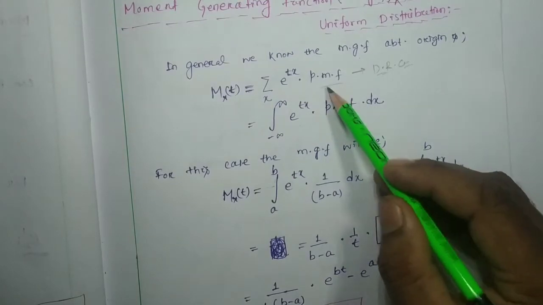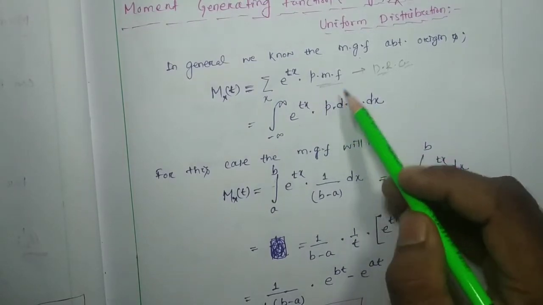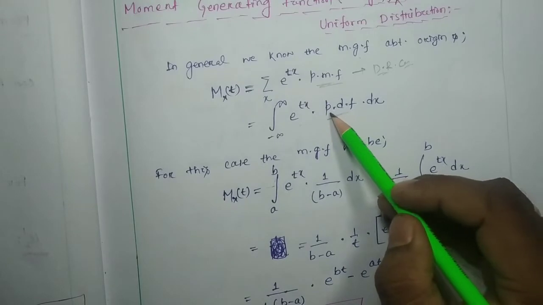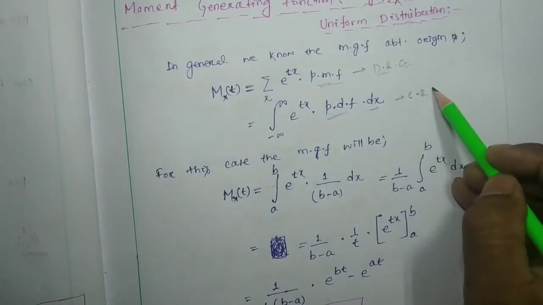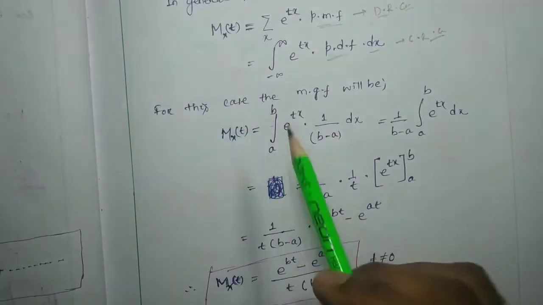Instead of pmf we have to consider pdf, the probability density function, into dx for the continuous random variable case.